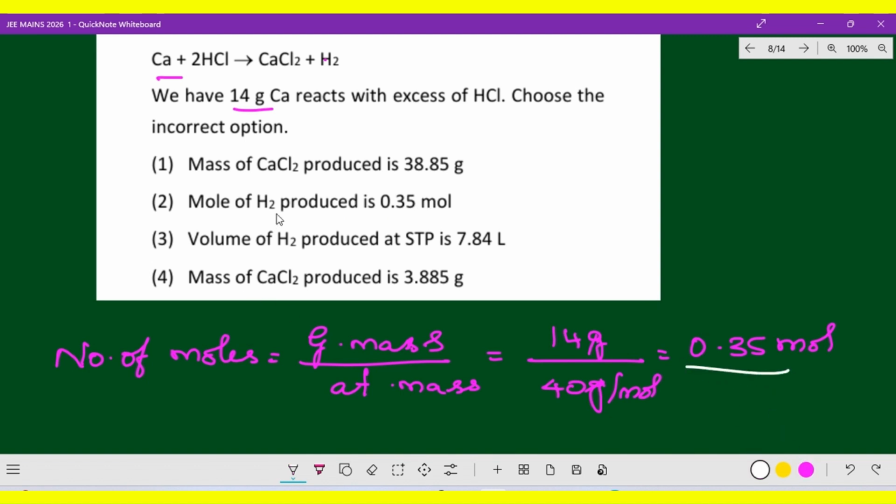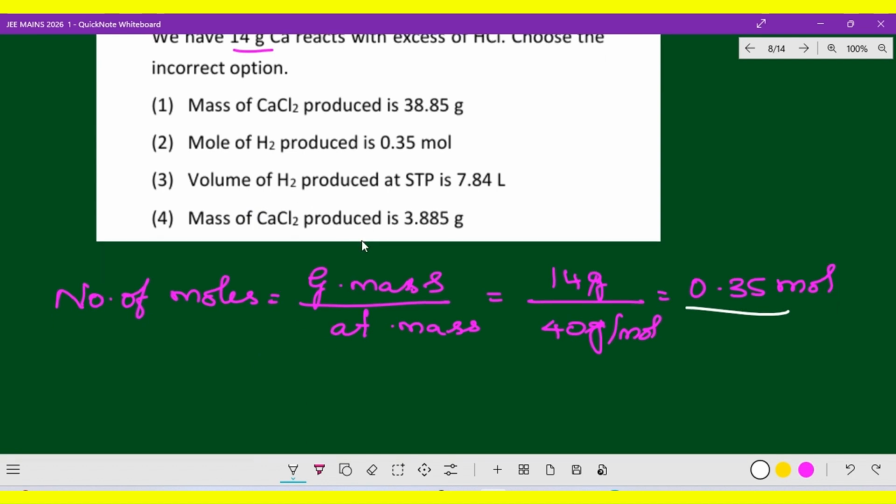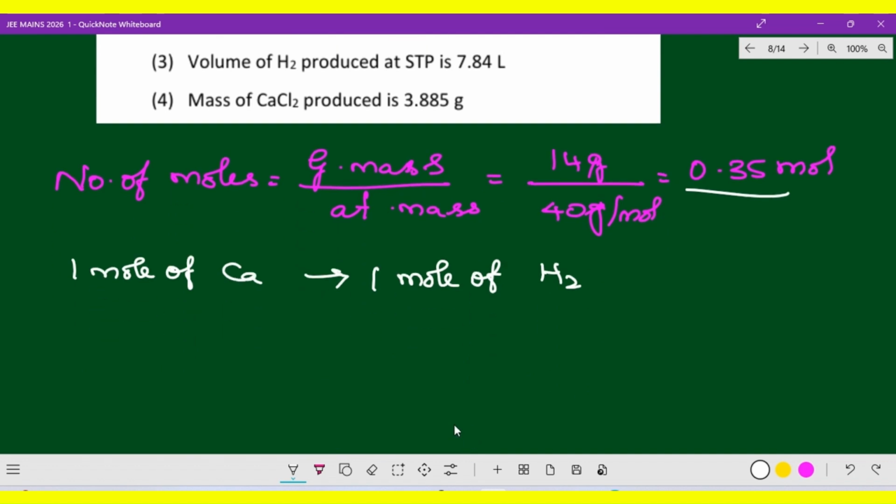Now let us check the volume of hydrogen produced at STP, which they mentioned as 7.84 liter. 1 mole of calcium produces 1 mole of hydrogen. Therefore, 0.35 mole of calcium produces how much hydrogen?